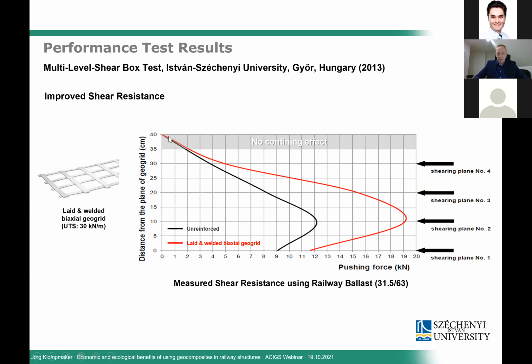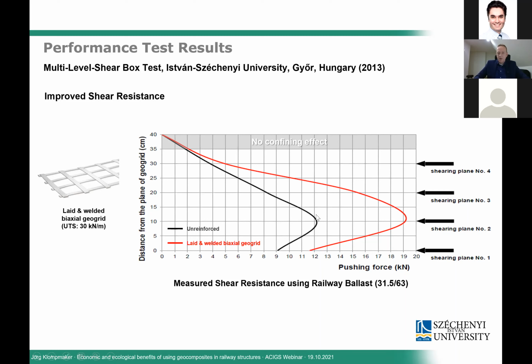But let's start first with the shear resistance of the unreinforced sample, which is represented by the black line. So we have a peak somewhere in the lower third of the complete subballast layer, which is similar in the reinforced case, but we can clearly see that the shear resistance or the pushing force is increasing as a result of the interlocking between the aggregate and the geogrid.